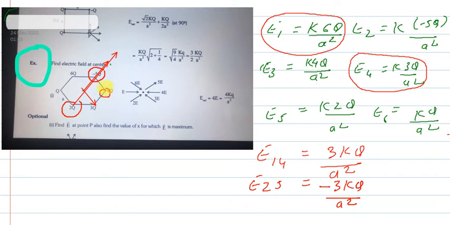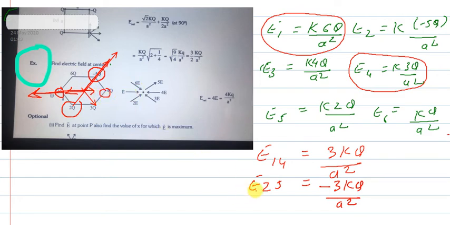Now next, charge number 3. This is charge number 3, and this is charge number 6. So in this case, this will be the direction. This charge will produce electric field in this direction, and this 4q will produce electric field in this direction. So 4 minus 3, the final direction will be this direction, and 4q minus 3q, that is, here also you will get 3kq.